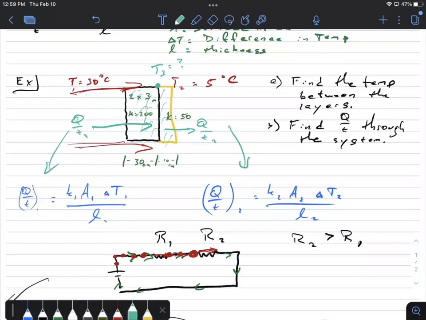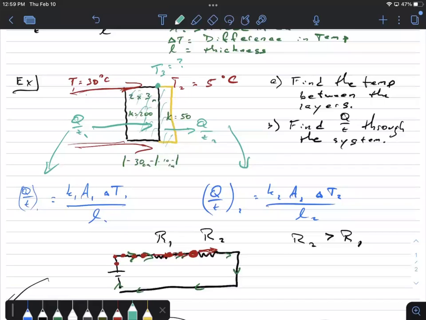To repeat, if I have one material by itself, I calculate its heat transfer rate, it's Q over T1. If I have layer 2 by himself, he has his own heat transfer rate, Q over T2. Fine. I put those two layers together, and now I have some new system.